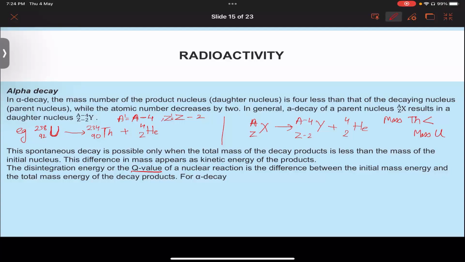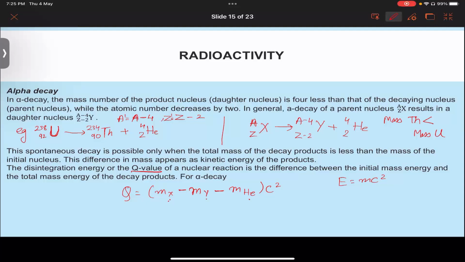For alpha decay, your Q can be given as (mX minus mY minus mHe) c squared, from Einstein's mass-energy relation E equals mc squared. Here mX is the mass of the parent radionuclide, mY is the daughter nuclide, and mHe is the helium that is emitted.